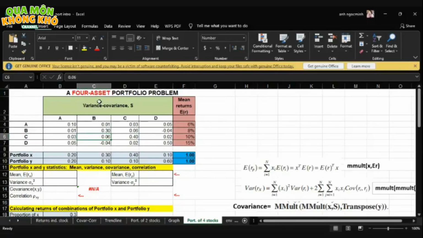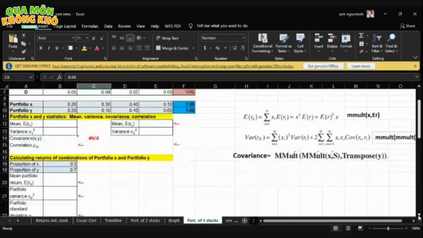So I just take the variance, covariance and mean returns as valuable information. And I have two portfolios with different proportions of four stocks here, A, B, C, and D. Remember that the sum of these proportions for each portfolio has to equal 1, which means 100%.